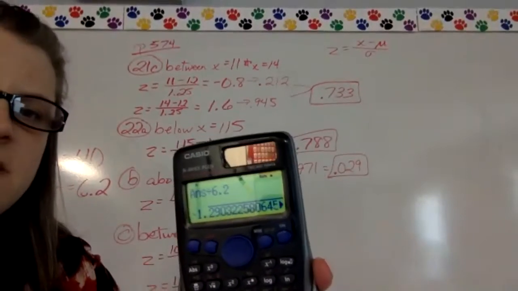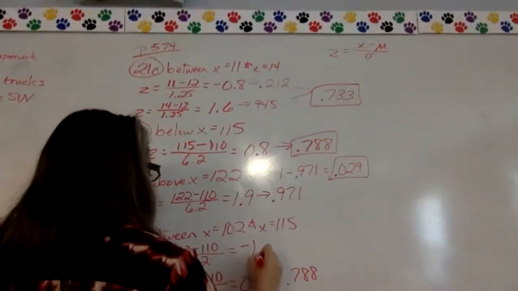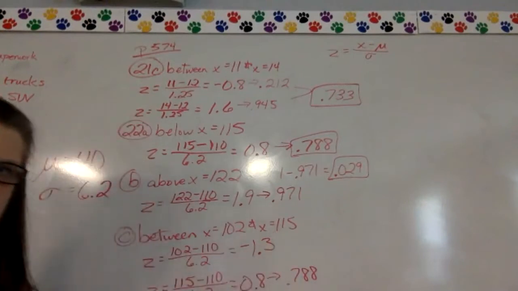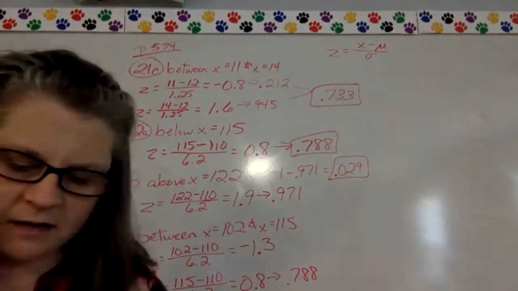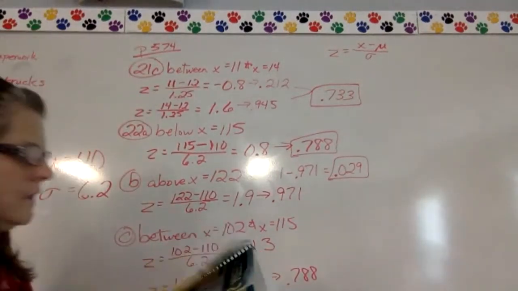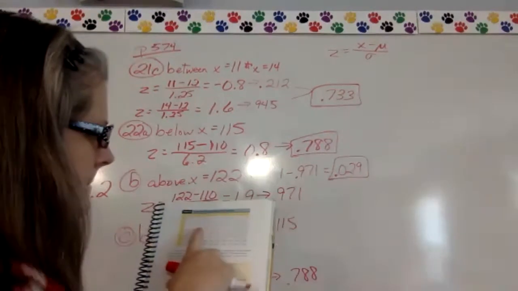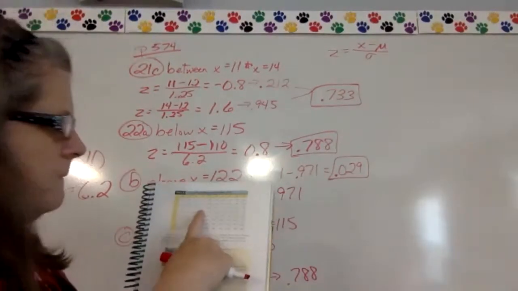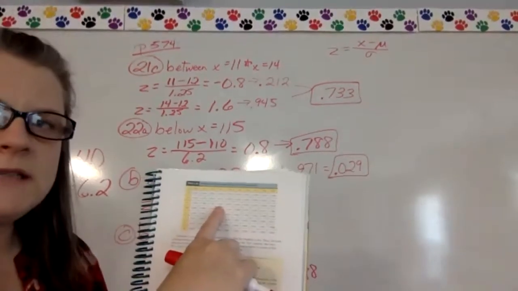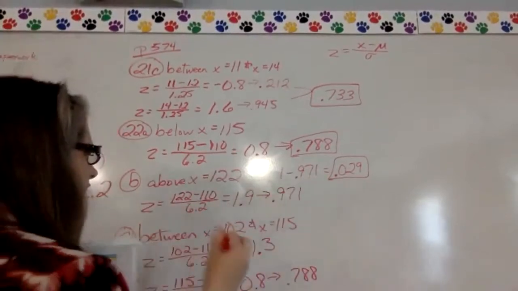So it'll be negative 1.3. Negative 1.3. So when I go to plug that in there, I got to look at my table. I go to negative 1 down here, and then across to 0.3, and I find 0.097. 0.097.